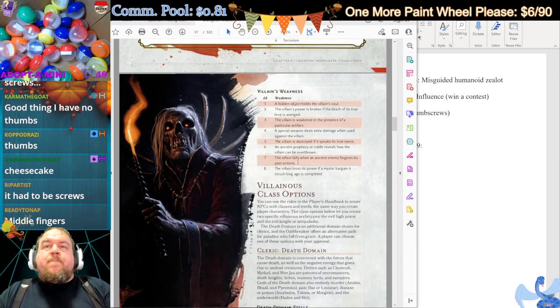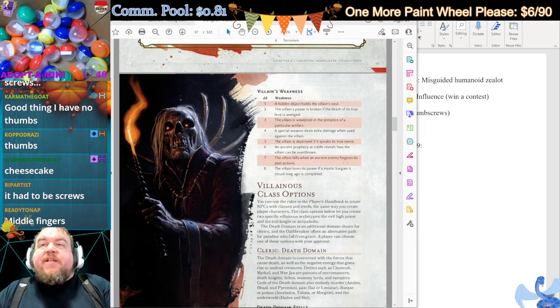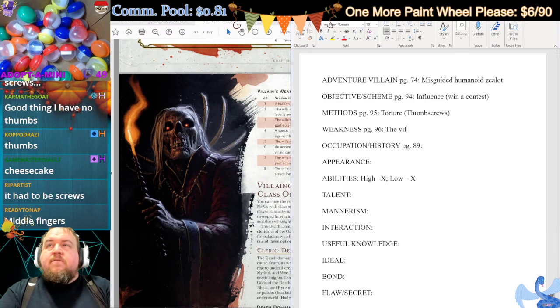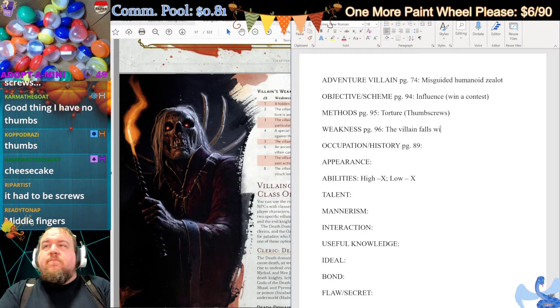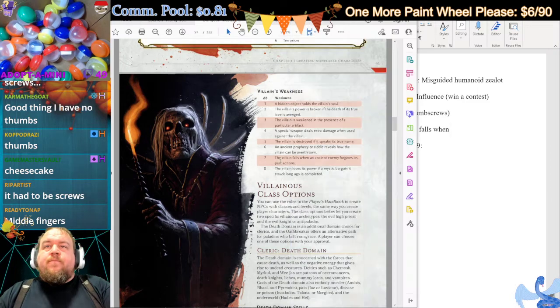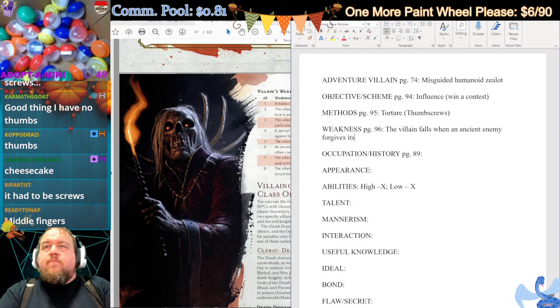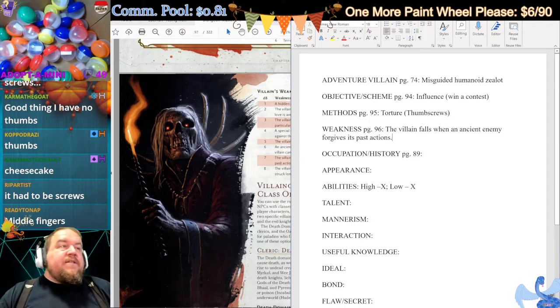Lands on a 7. The villain falls when an ancient enemy forgives its past actions. Excellent.